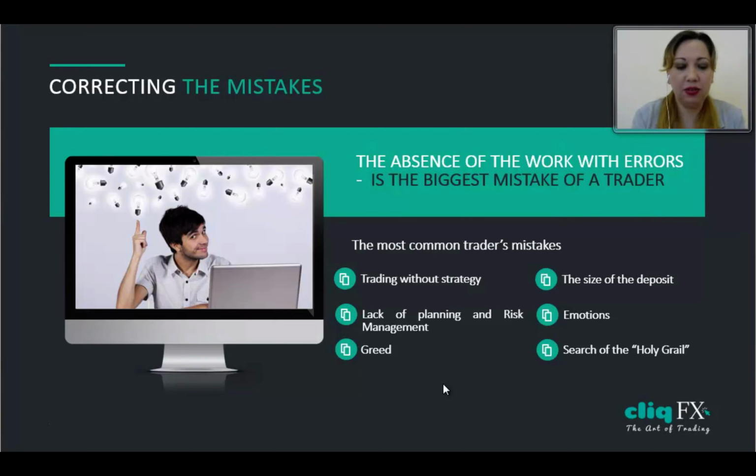Three. Emotions. Often it happens that a trader, after receiving some profit, starts losing his deposit. I'm sure that every one of us at least once came across this situation. Why does it happen? The fact is, after several profitable trades, the trader thinks that he can control the markets, and he considers himself to be the king of the world, and the market obeys him.